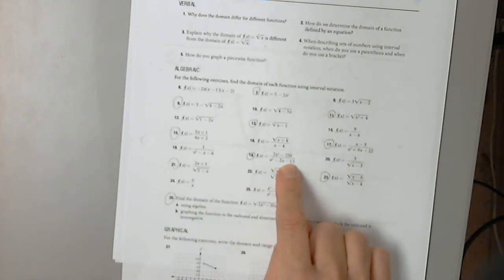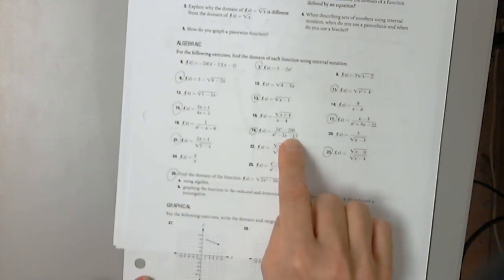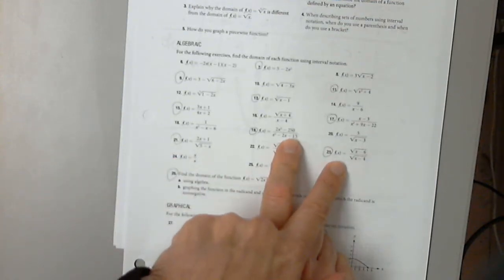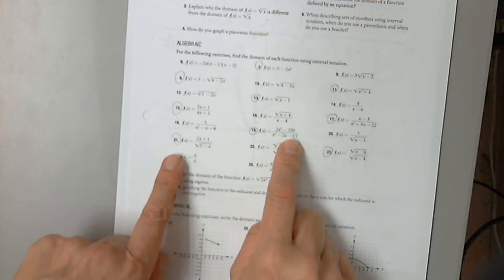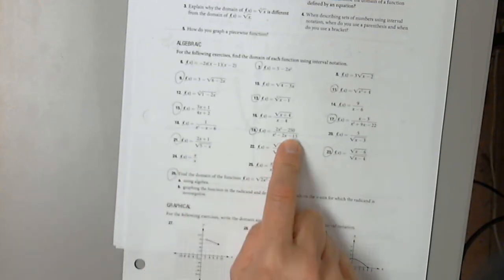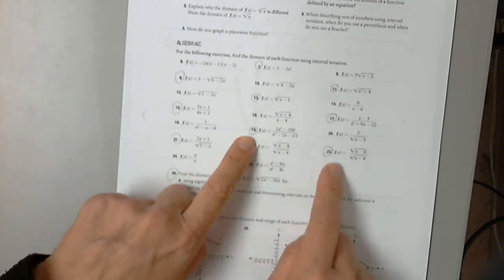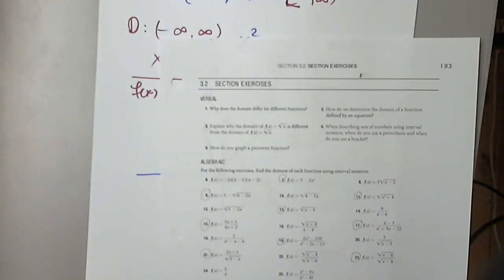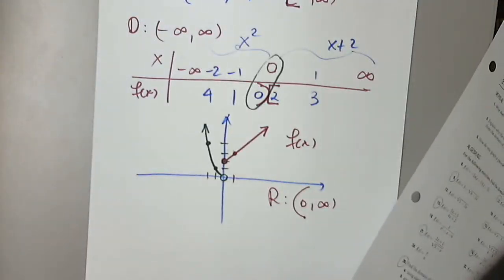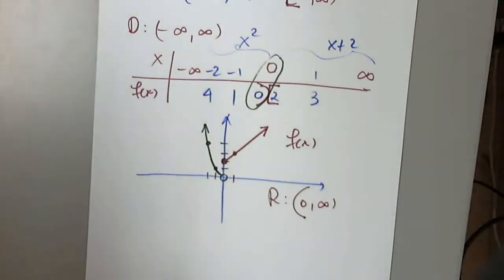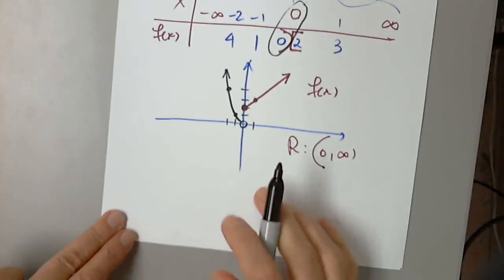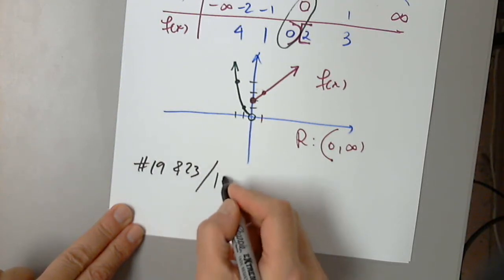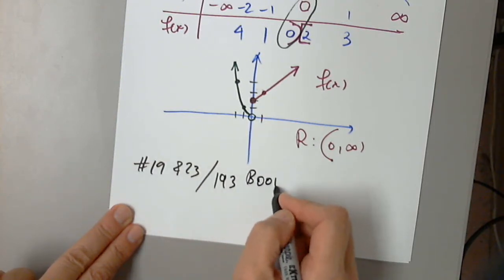Okay, anything else? I think we should also pick either 21 or 23. Which one? Okay, so 19 and 23, page 193.